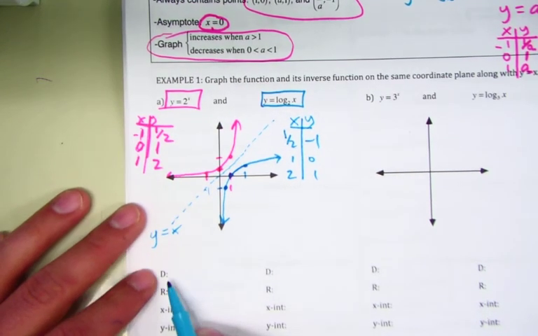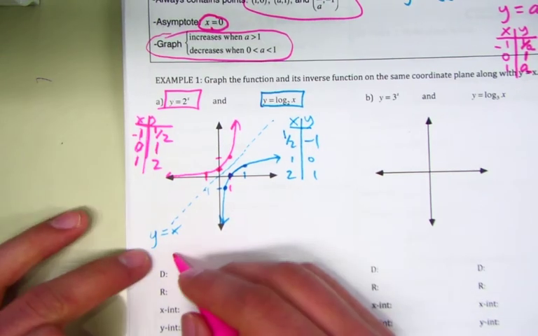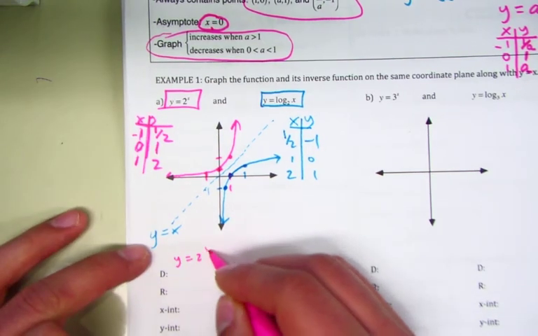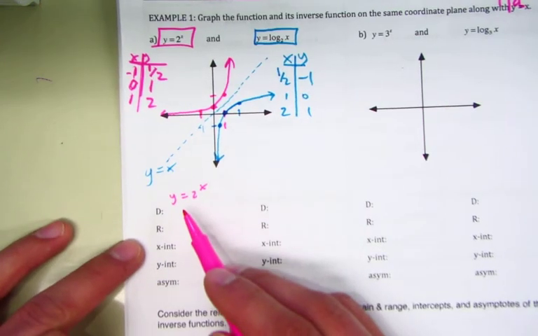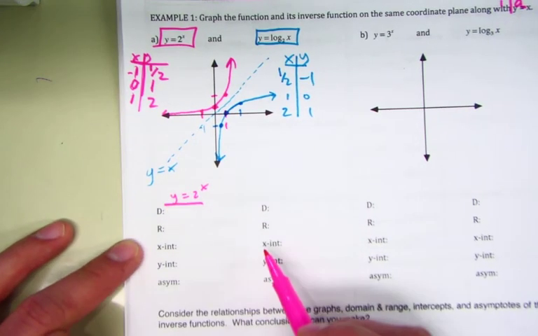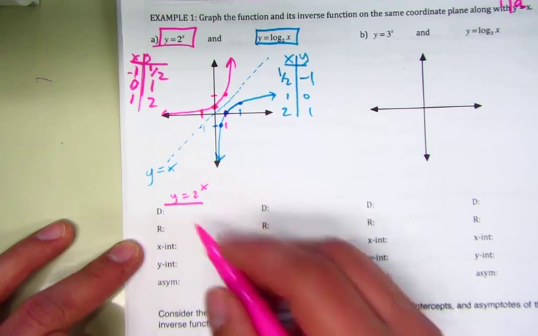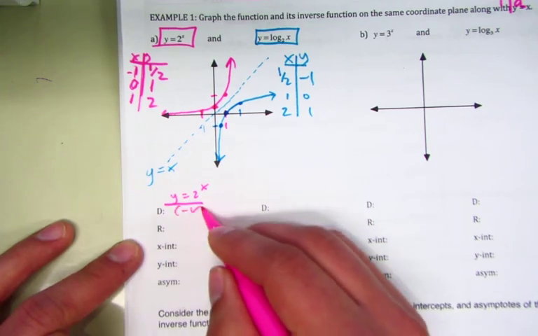Let's fill in the domain here. The domain for y equals 2 to the x, so the pink one, right? What's the domain? All real numbers, yes.